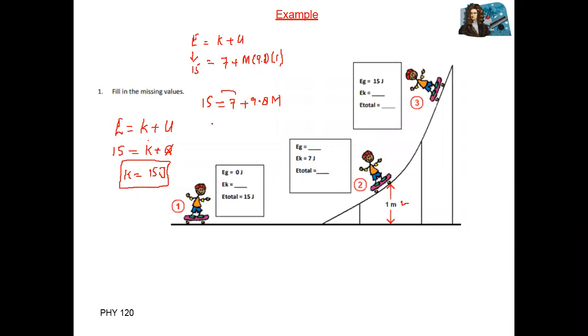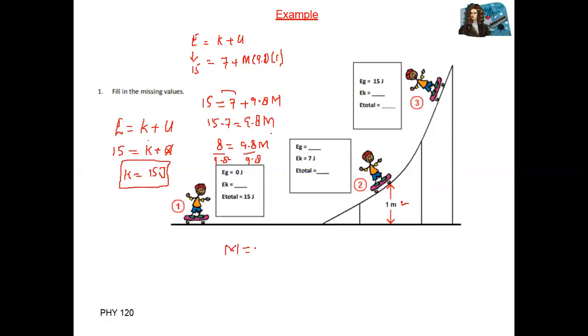Transferring 7 to this side, 15 minus 7 equals 9.8 m. So 15 minus 7, 8 equal to 9.8 m. This will give you the mass value by dividing both sides by 9.8.